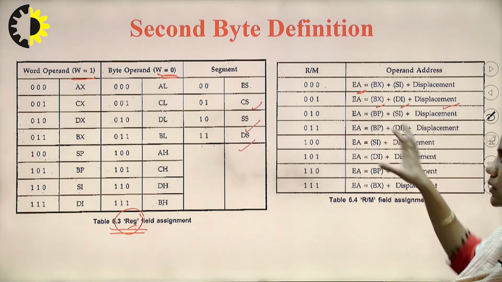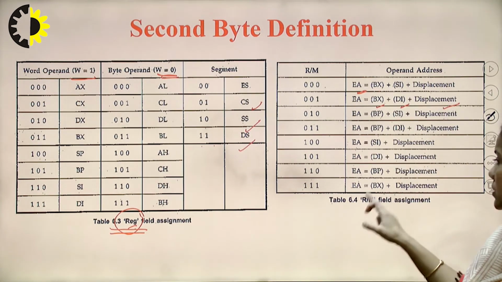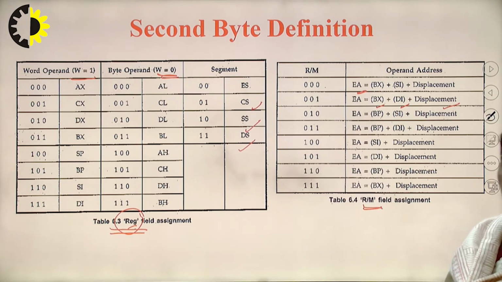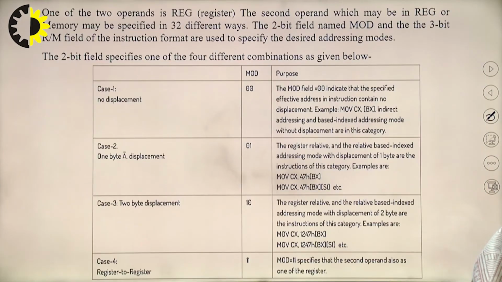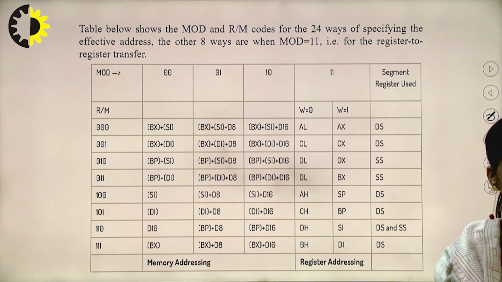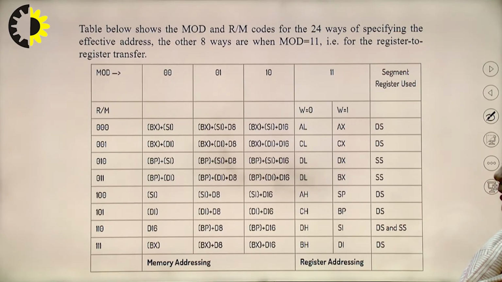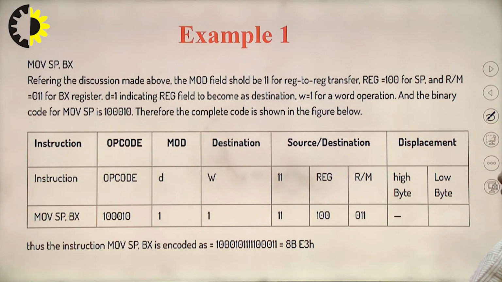So these are the various combinations for this R/M field, for these combinations of bits. This is just the explanation of that particular one.